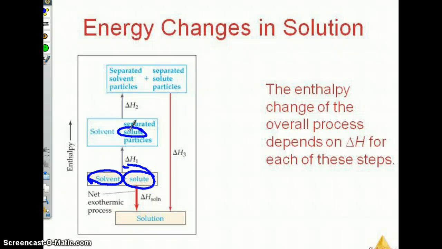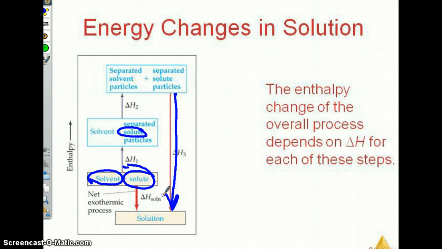Then the second energy change is going to happen or cause the water molecules moving apart and the sodium and chloride ions moving apart, okay? And then as the solution is formed, then energy is given off. That's our third delta H, okay?